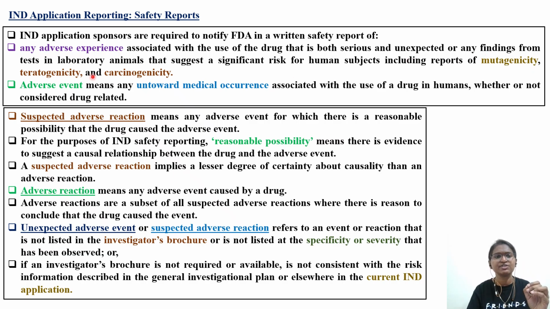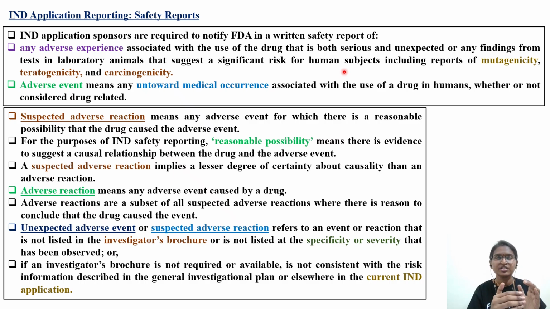Also any findings from tests in laboratory animals that suggest a significant risk for the human subjects. Because whenever you are doing the trial, though it is in a limited number of subjects, you can see some kind of potential hazard in the animal trial which might have a significant risk to human subjects, and those need to be reported to the FDA.